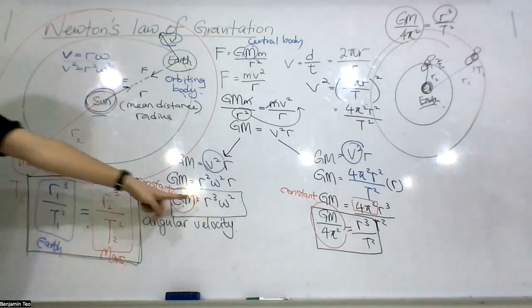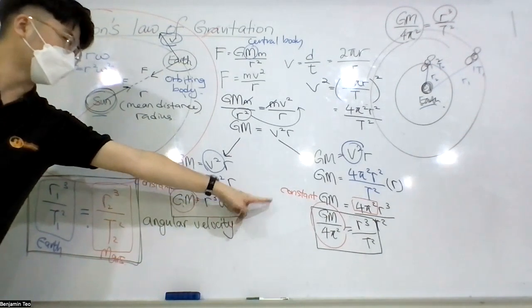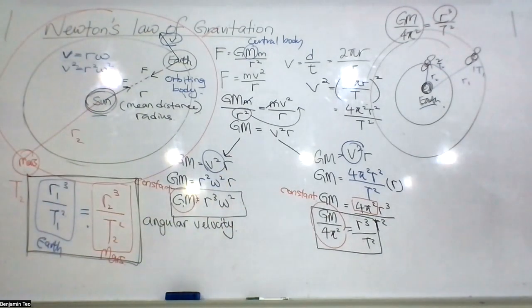So I can write another one: R1 cubed W1 equals R2 cubed W2. Yeah. So my formula, GM over 4 pi squared.